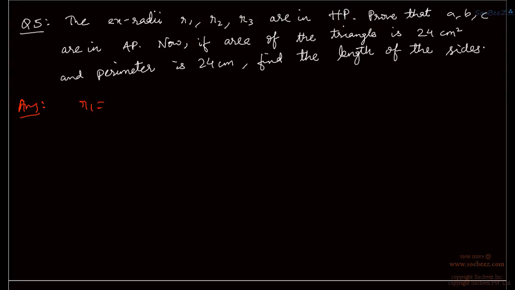So R1 is written as delta by S minus A, right? Similarly R2 is delta by S minus B, R3 is delta by S minus C. So we know about harmonic progression. When three numbers are in harmonic progression, their reciprocals are in arithmetic progression.